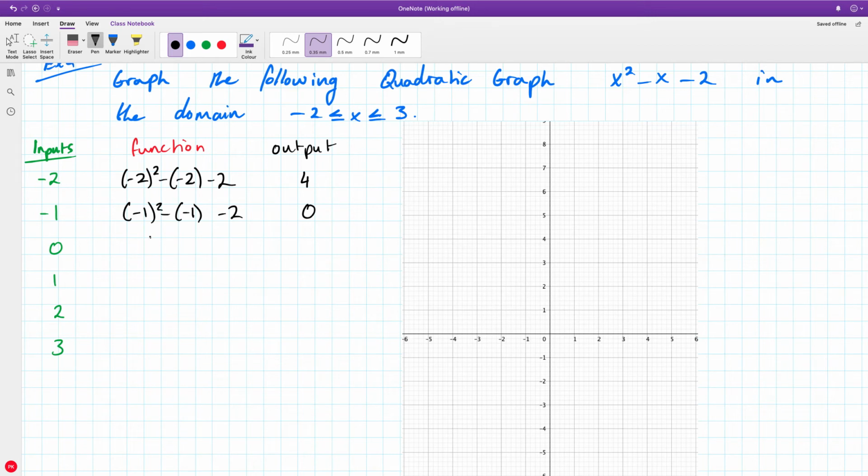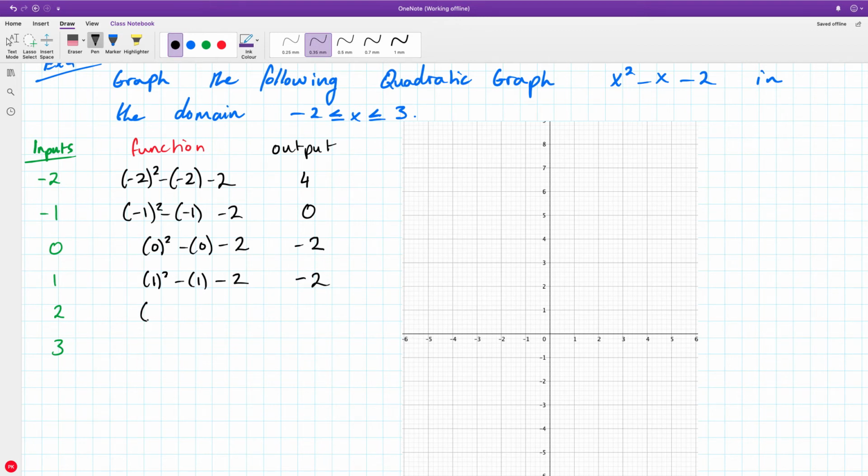The next one is 0 to be squared, minus 0, minus 2. And we're getting out minus 2. We're putting in 1 to be squared, minus 1, minus 2, and this time we're getting minus 2.